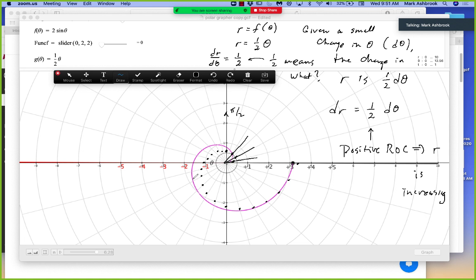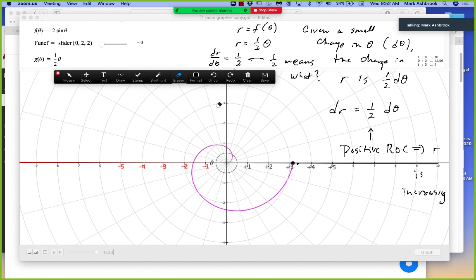Now looking at the purple graph, which we generated covariationally, r as a function of theta, how do we see that r is increasing? How is that seen in this purple graph? The distance from the pole of the graph is getting bigger and bigger.